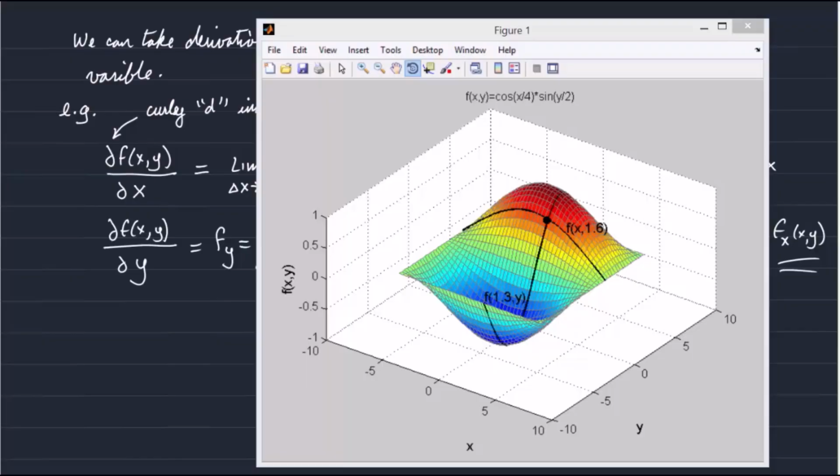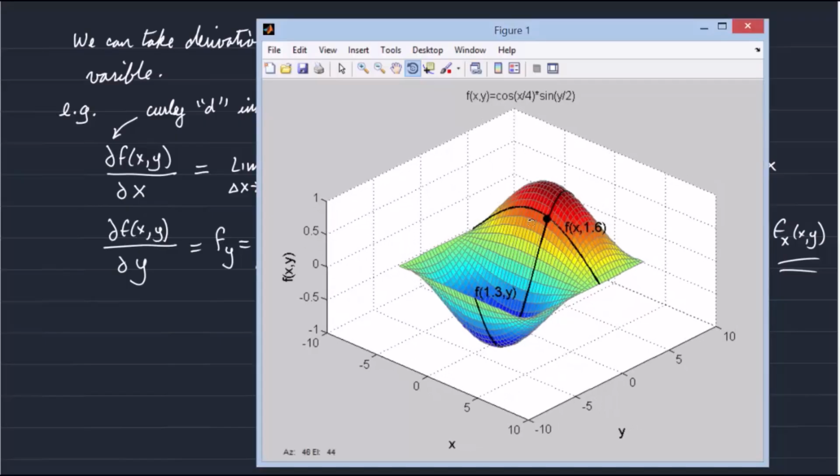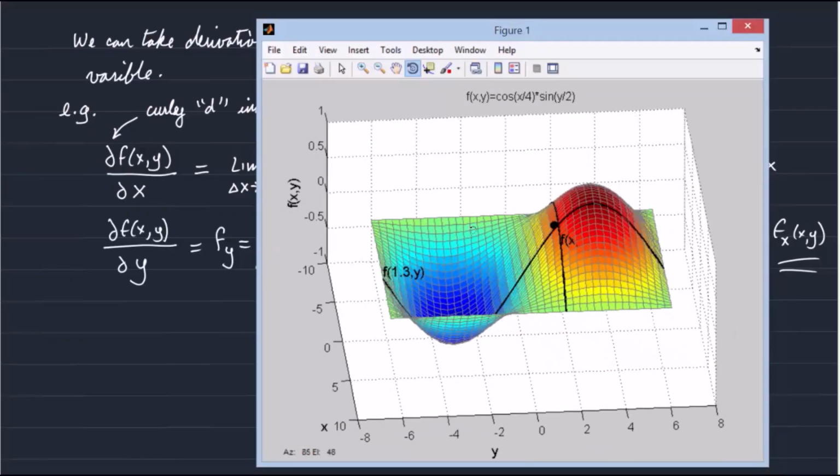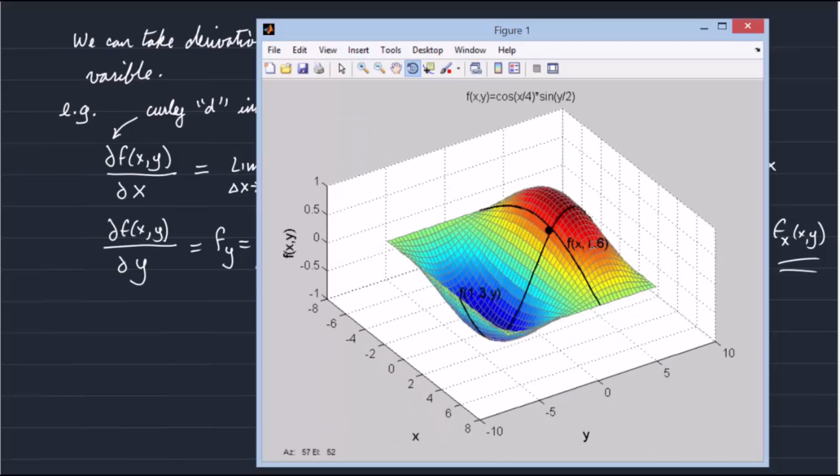Likewise, we can evaluate the slope at the same point in the y direction. The partial derivative of f with respect to y at this point can be interpreted as the slope of this surface in the y direction. So that's an interpretation of these two partial derivatives.